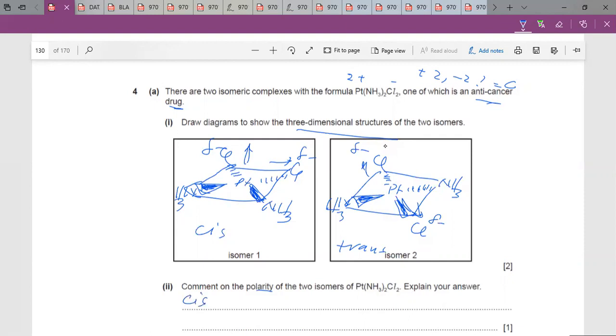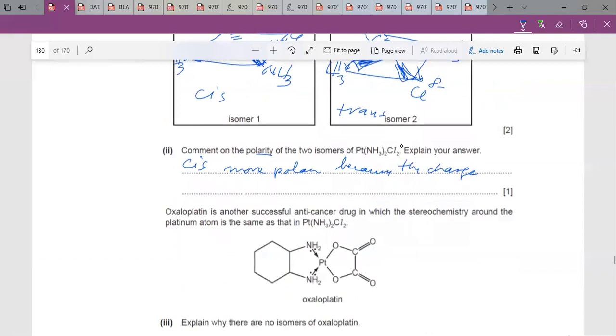Why? Because the charges up here do not cancel each other off. But the trans does.